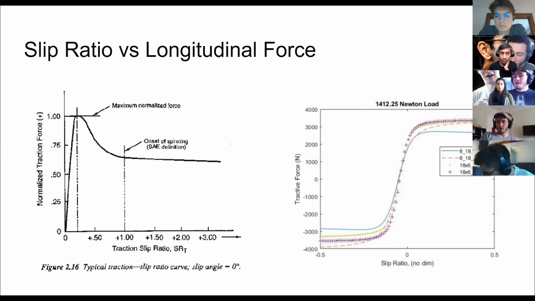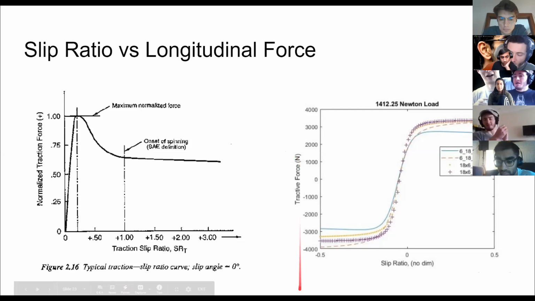So slip ratio is the ratio of the angular velocity of the wheel divided by the angular velocity of the tire. Let's say you're maintaining a slip ratio of 0.1, and then it's that -1.